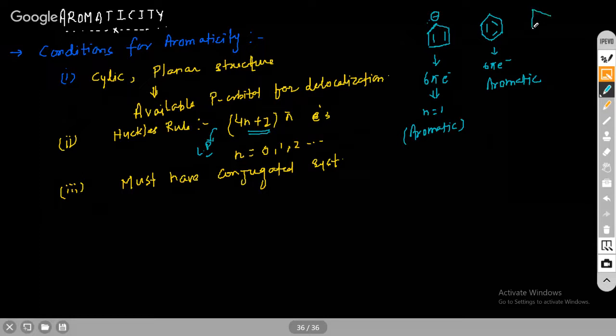How many pi electrons do we have in this one with positive charge? How many pi electrons?